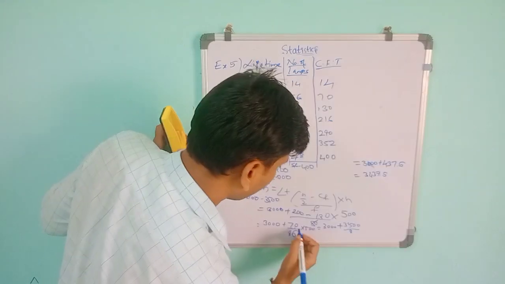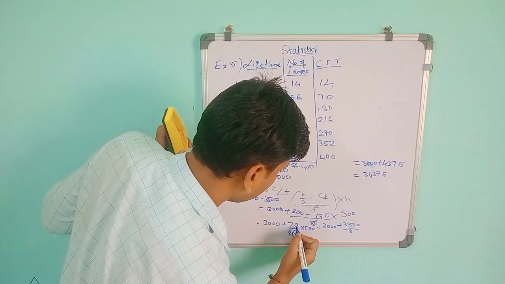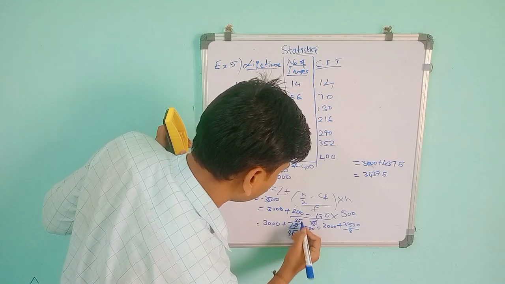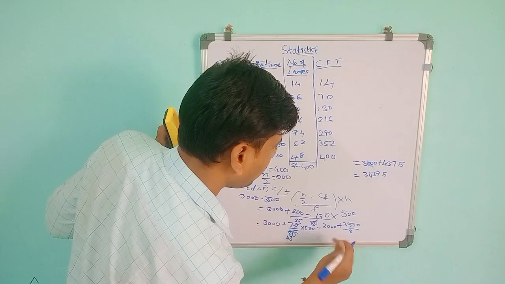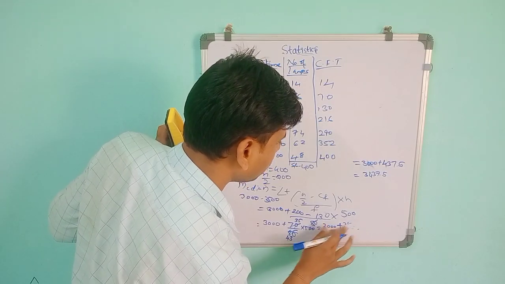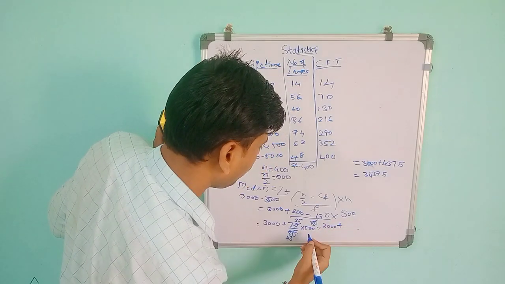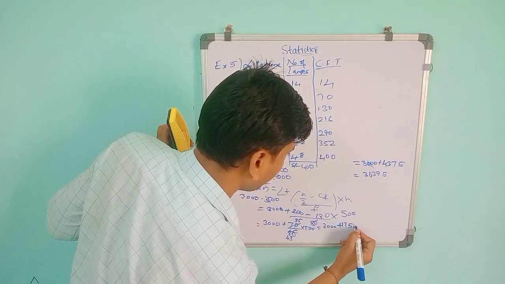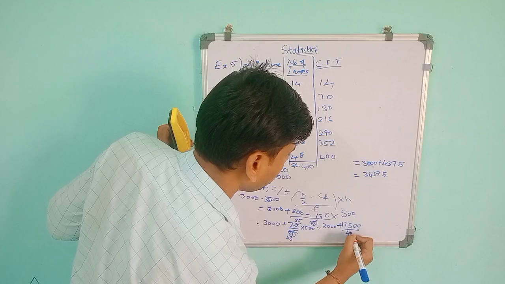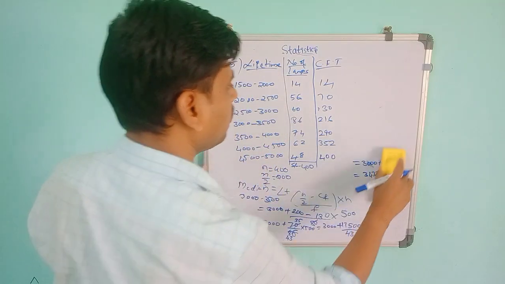Cancel this by 2: 35 into 5, so 5 5s are 25, 2 carry, 5 3s are 15, so 175 divided by 43.